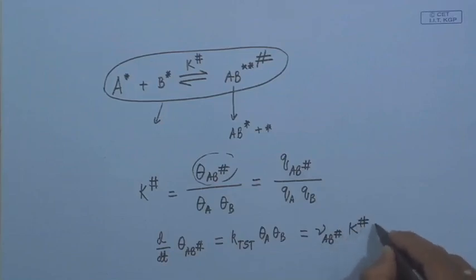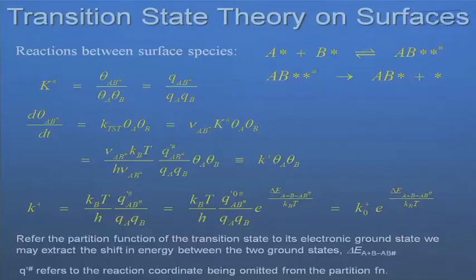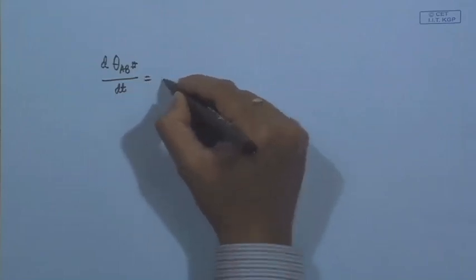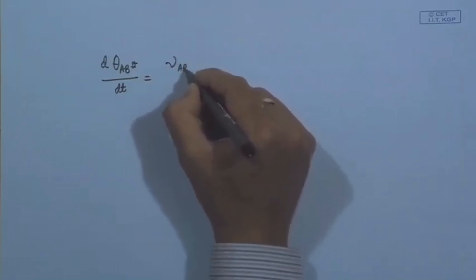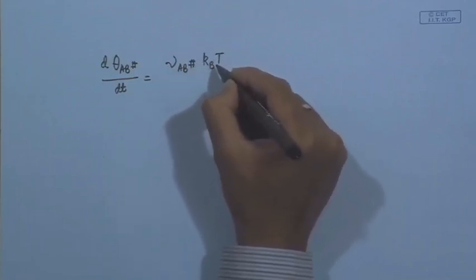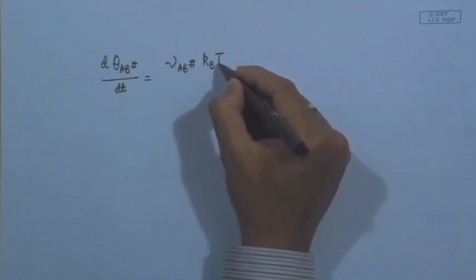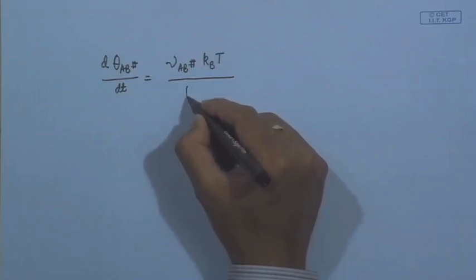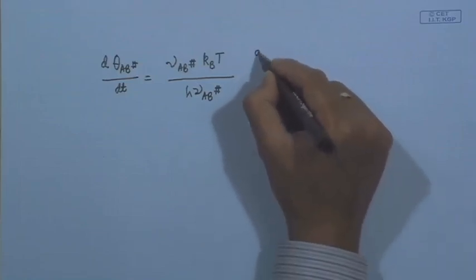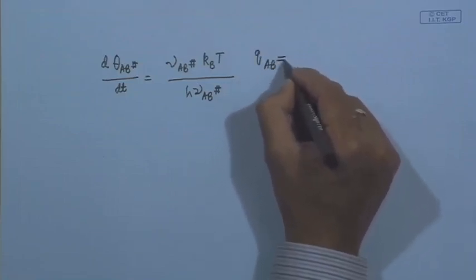Ultimately it turns out d theta AB dt equals nu AB double dagger times kB T, that is Boltzmann constant times temperature, divided by h nu AB double dagger, of course this activated, times Q AB primed.